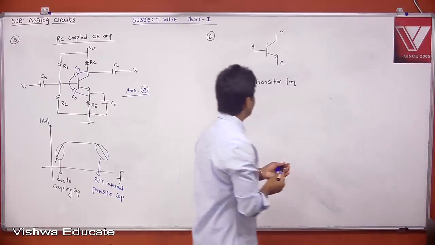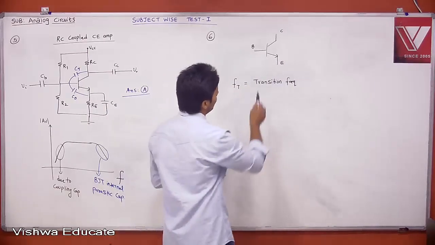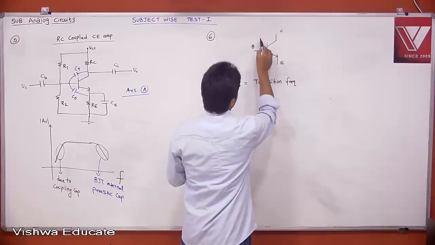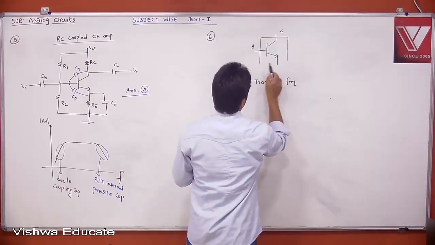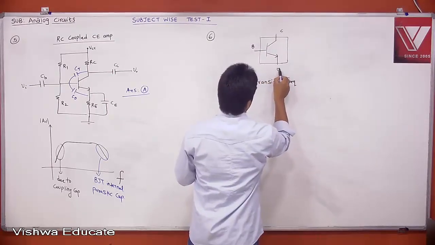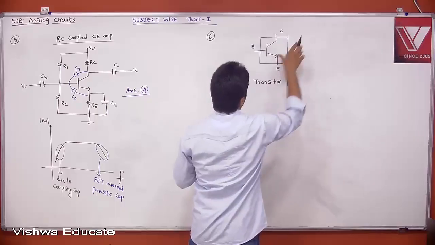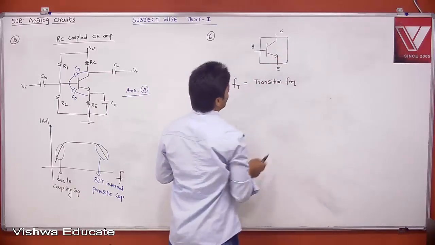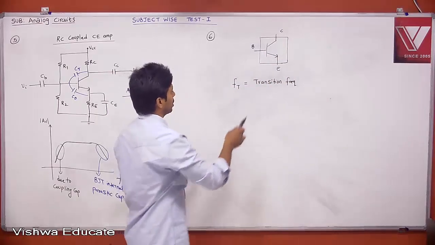If you treat this as a black box, this is your output and this is your input, where the emitter is common for both input and output, like common emitter configuration.